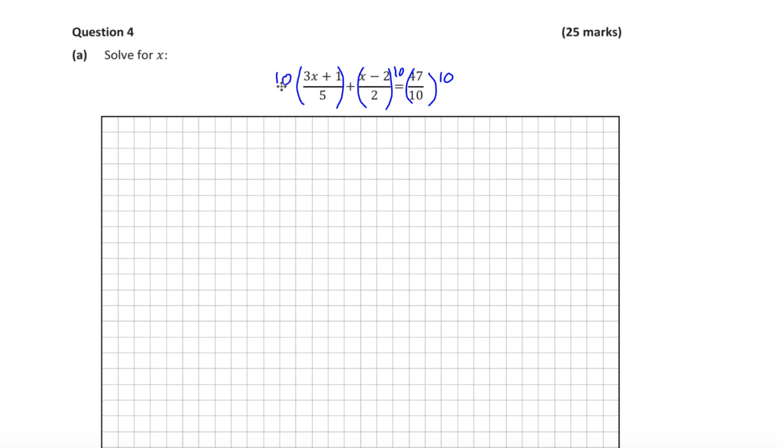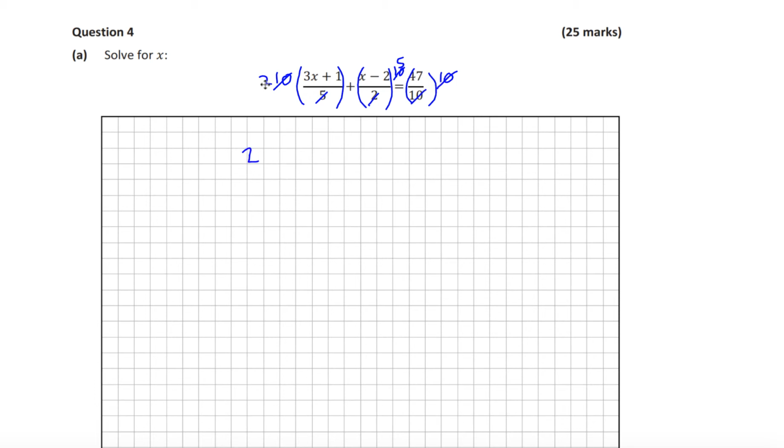And by doing this, 10 here and this 5 simplify to give me 10 over 5, which is 2. The 10 here over the 2 simplifies to give me 5 on top here. So it's 5 multiplied by this. And then this 10 and this 10 cancel each other, leaving me with just the 47.